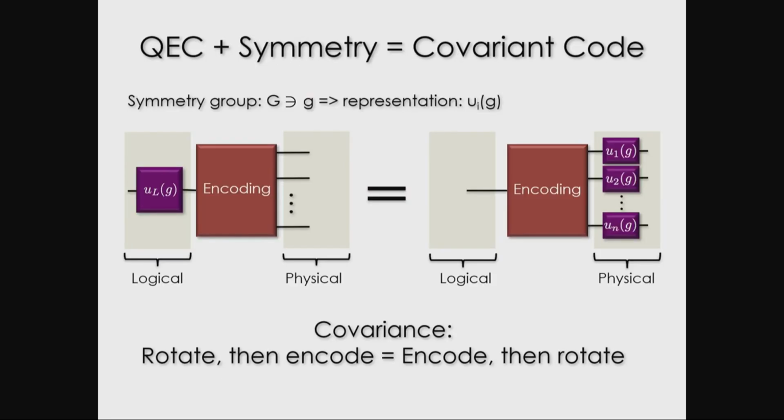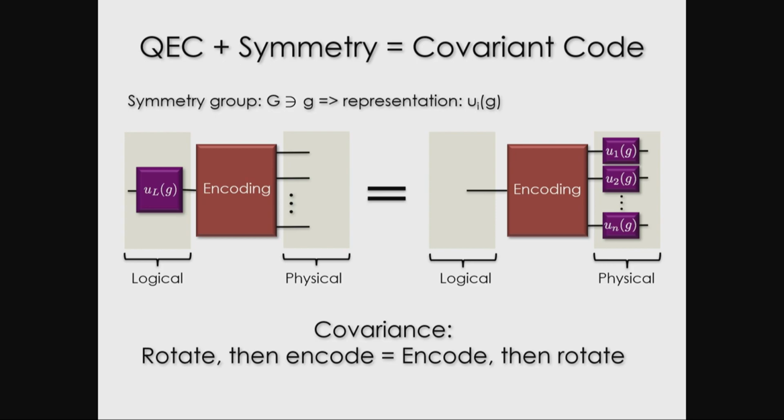The important notion for a system that has quantum error correction and symmetry is that of covariant codes. Suppose you have a symmetry group G and representations of this group acting on different subsystems. We say an encoding is covariant if you act by the group and then encode, it is the same as encoding and acting by the group representation on the physical subsystem.